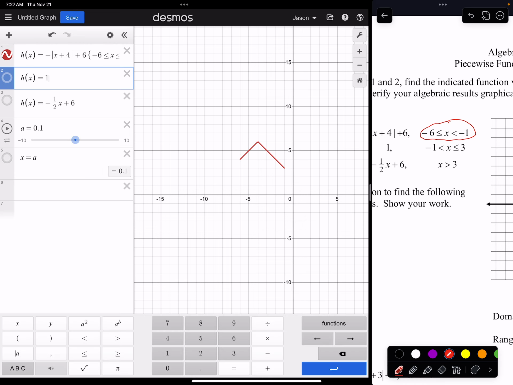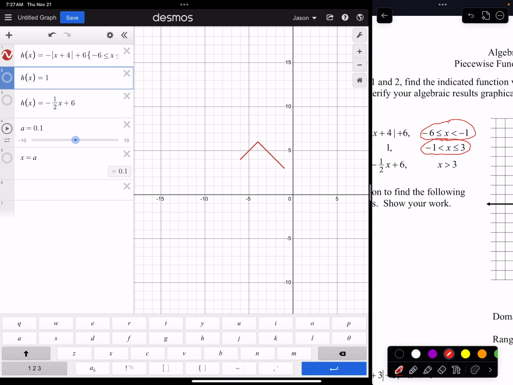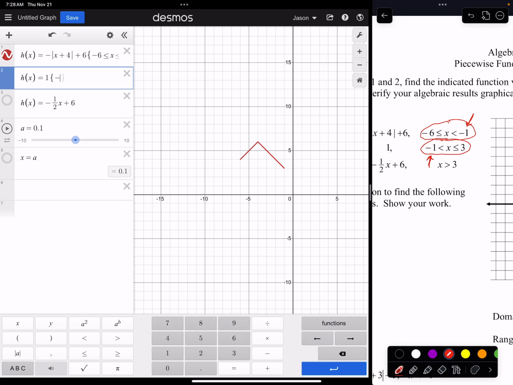Now, for the next equation, the domain restriction was from -1 to 3. So notice that this next one picks up at the x value where the last one left off. In other words, the last restriction left off at -1, and this one picks up at -1. So we're going to do -1 is less than x, which is less than or equal to 3.